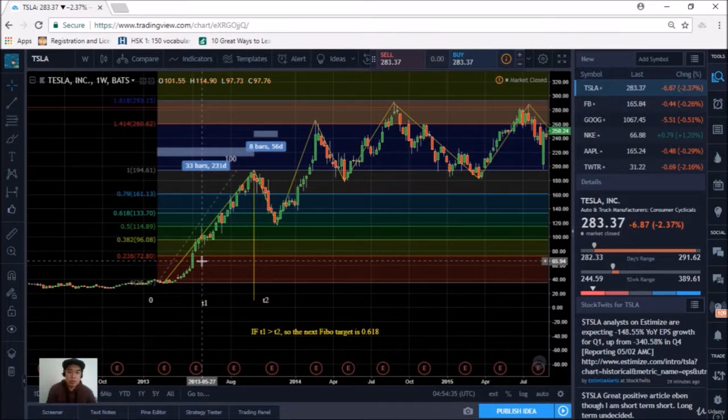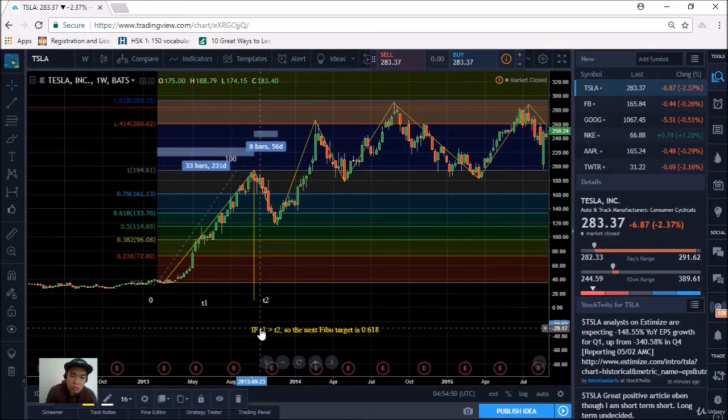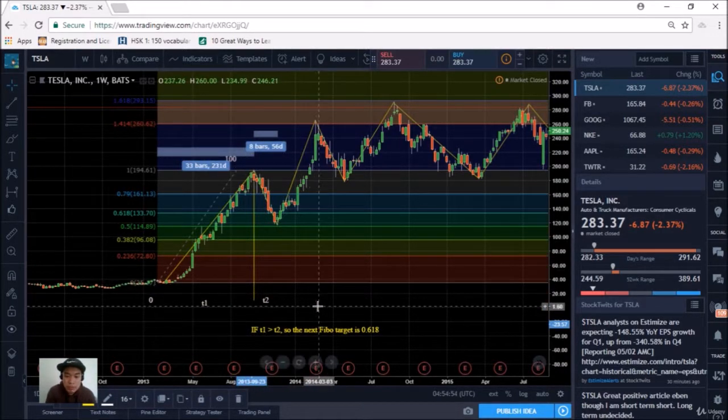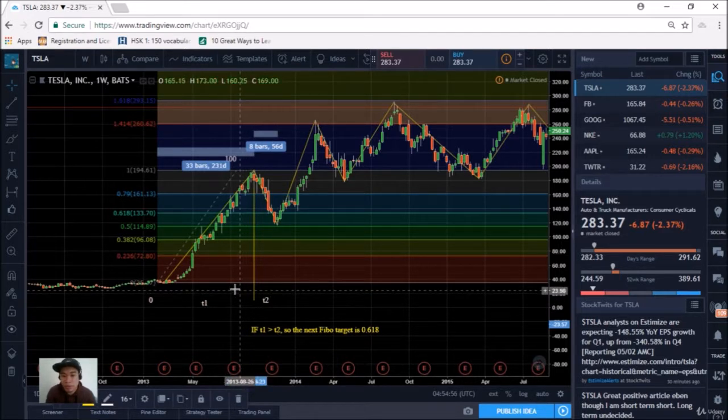Now what we're trying to do is measure our target, which is what we call the Fibonacci extension. Our rule is if T1 is more than T2, the next Fibonacci target is 0.618.